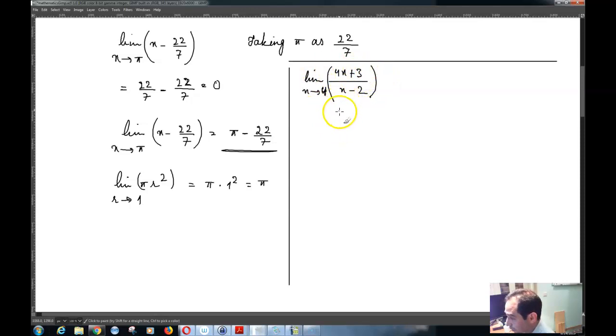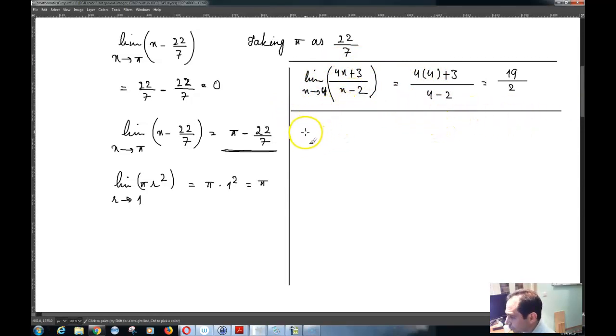Okay, so I can write this as 4 times 4 plus 3 over 4 minus 2, which is equal to 19 by 2. So simply finding the value of the function at this point.